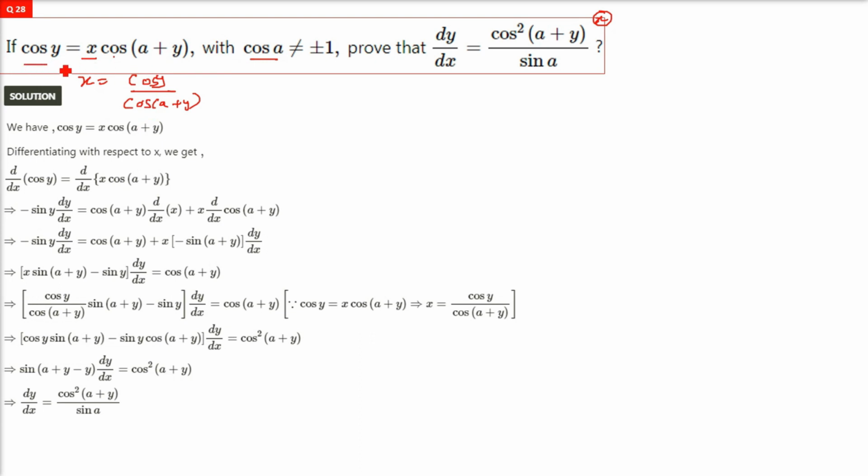Let us go the normal way we were solving. How were we solving? Left hand side, right hand side, left dy/dx, right other things.